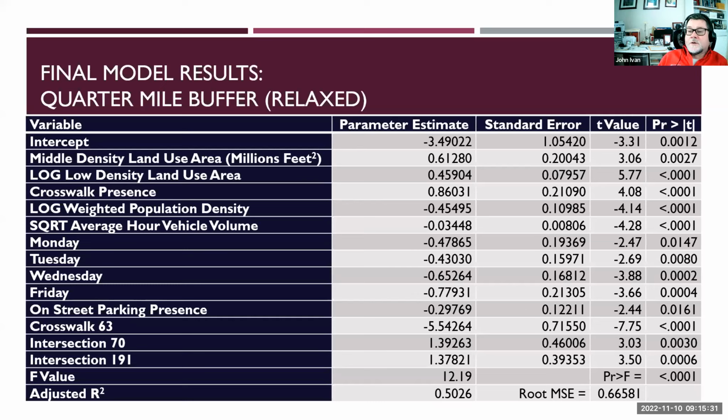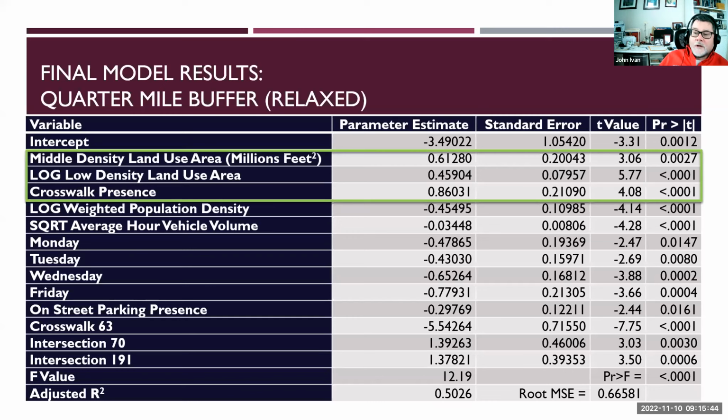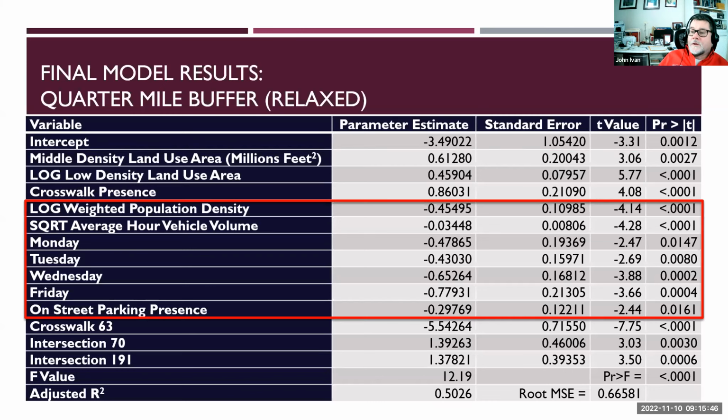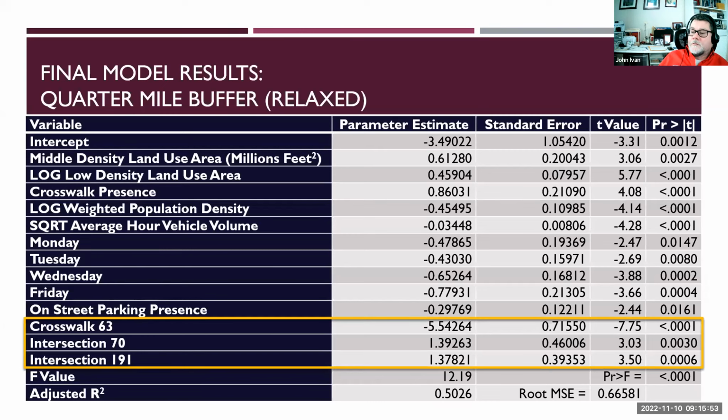And in this case, the signal type became insignificant. So there's clearly a difference in the compliance with that kind of phasing. And most of the others are very similar findings with the middle and low density. And then again, with the different times of the day, the population density and so forth still being negative.